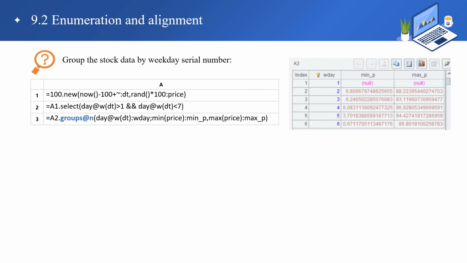Try the stock data we generated earlier. The table sequence returned by A3 will have 6 records, of which the first one corresponds to the group subset of Sunday, which is an empty set and its grouping key value should be 1, because the data of Sunday has been filtered out in A2, and the largest grouping key value in the remaining data is 6 since Saturday data has been filtered out and 7 cannot be calculated out, so the result table sequence has 6 records.